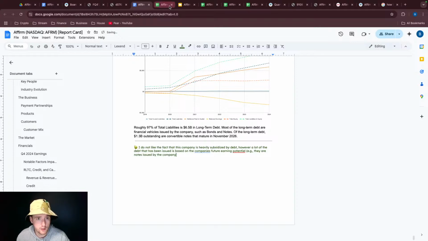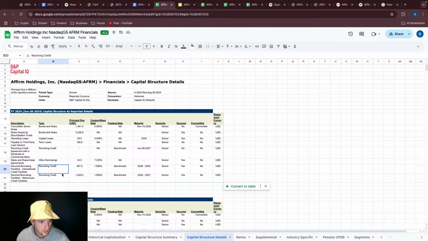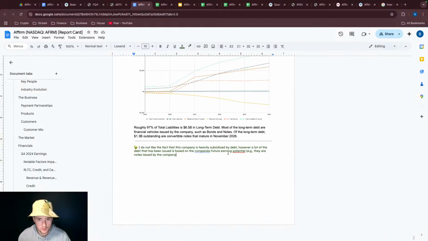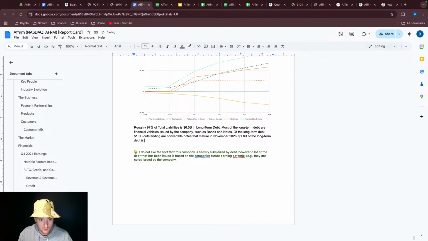So I think it was a third is only revolving credit. Not even. Ooh, let's say 1.8 billion. $1.8 billion of the long-term debt can be traced back to revolving credit issued to the firm.